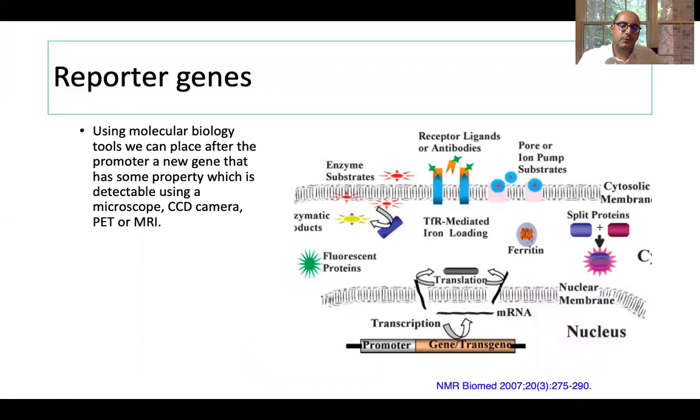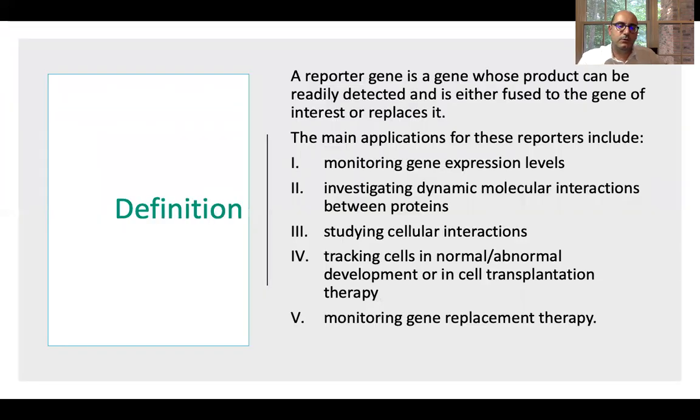This readout could be a fluorescent protein, or some sort of enzymatic reaction. The reporter genes could be transporters that help transport a contrast agent or imaging probe into the cells, or they could be certain molecules that accumulate some other isotopes or ions that we can detect in the body, and so on.